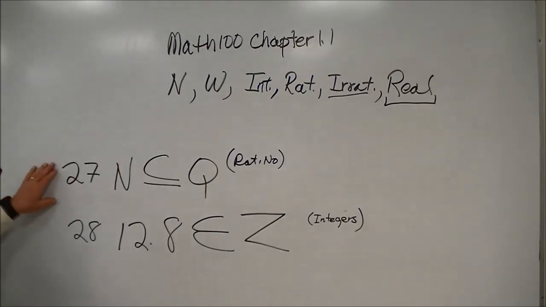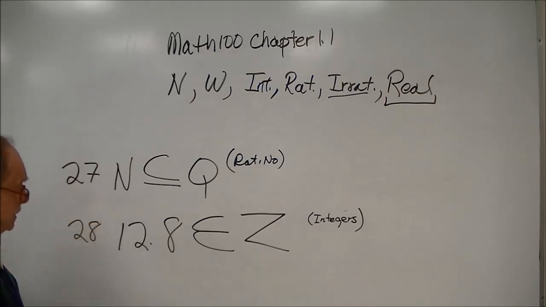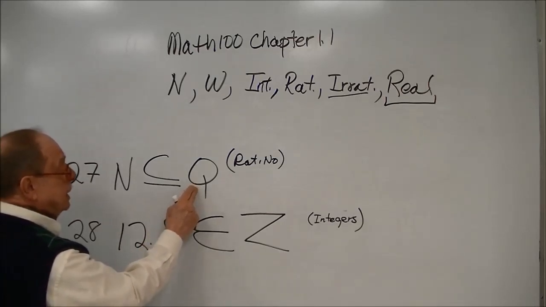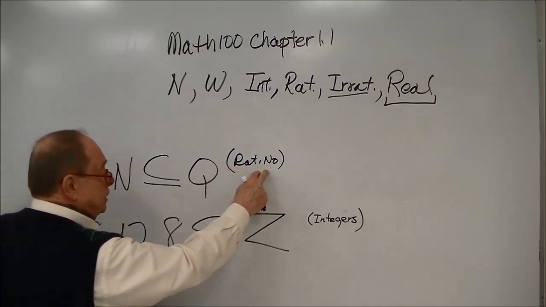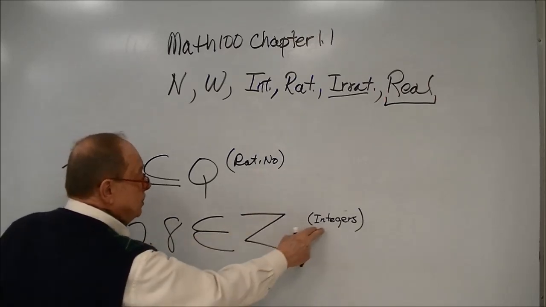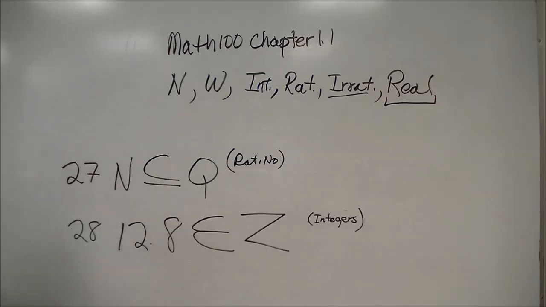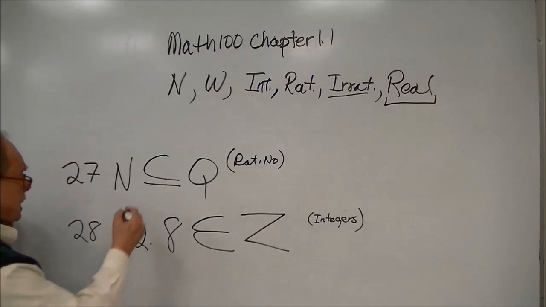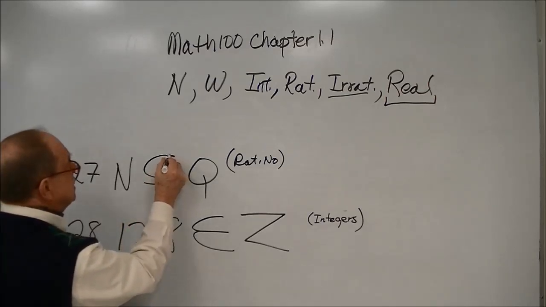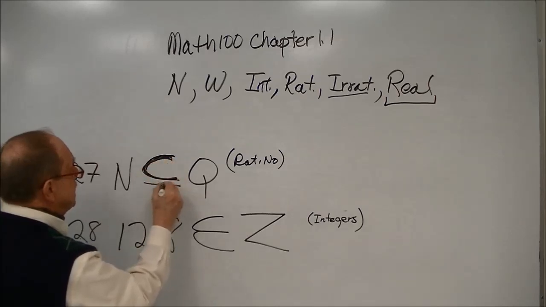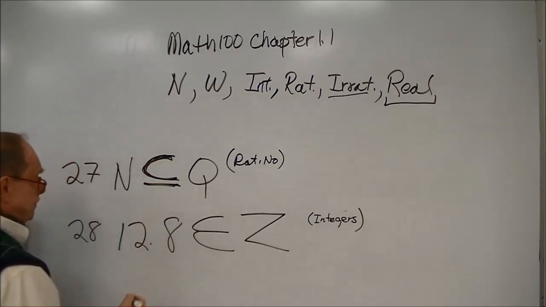Okay, two others to wind this up are these last two, where they give you some definitions. They're saying that Q would be the rational numbers, Z would be the integers. I wrote that there, and that's in your booklet. Now these symbols are new. This symbol, and you may have had it years ago, is kind of a C with a line underneath it.